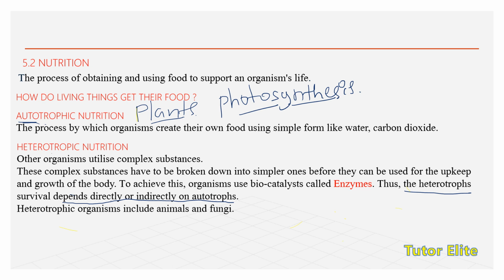You can see here the word enzyme. Enzyme increases the rate of reaction. Complex substances have to be broken down into simpler ones before they can be used for the upkeep and growth of the body.